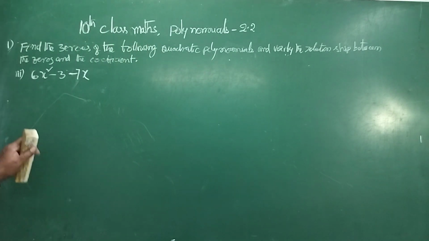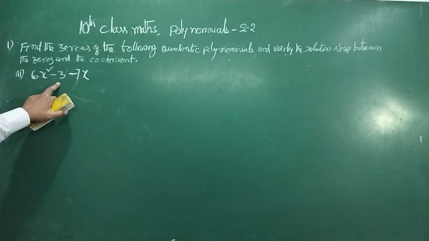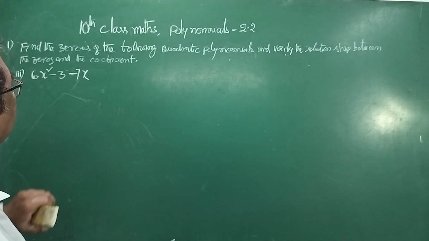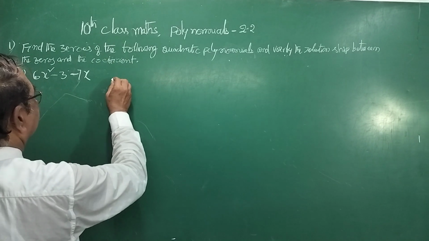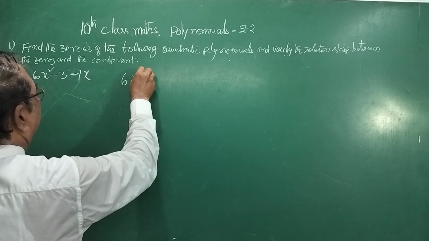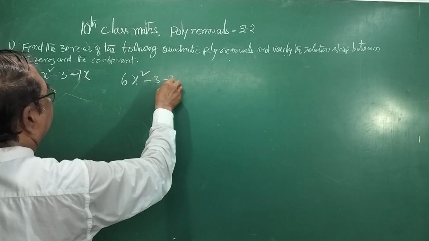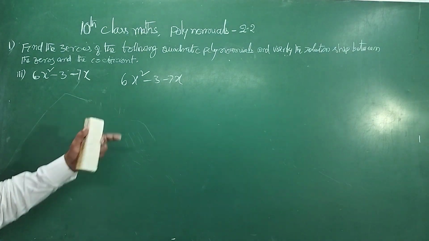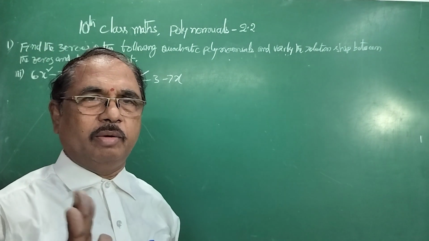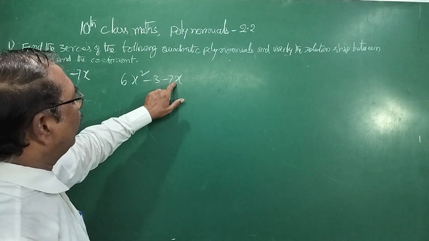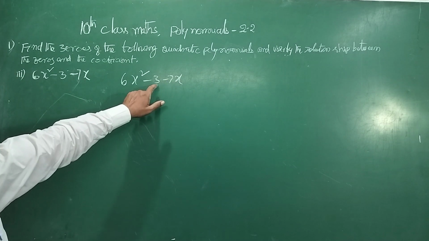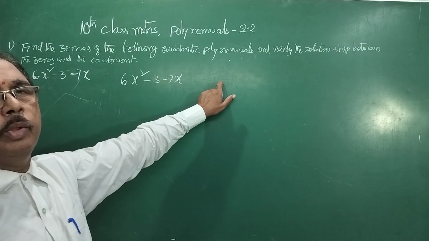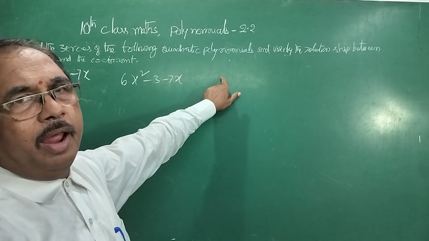Yes, let us see. 6x square minus 3 minus 7x. It is a polynomial, but it is not in the standard form. After the x square term, we have to write the x term, and this constant term we have to take to the last.